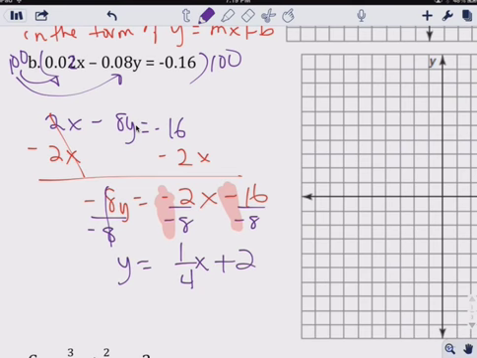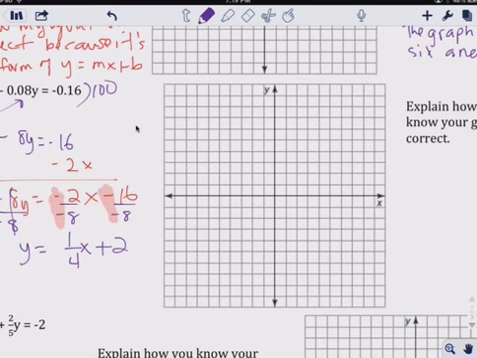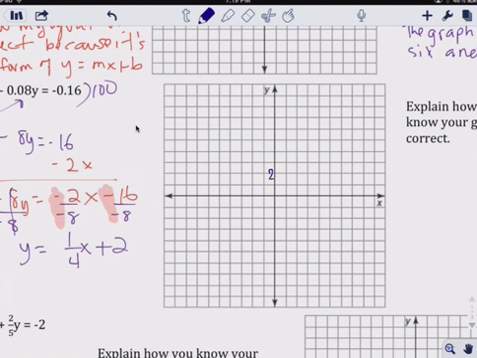So we know the y-intercept. Let's double check our math, because you know how careless I get. It's shameful. Y-intercept is at 2, which is right here. From there I go up 1. My slope is up 1, right 4.